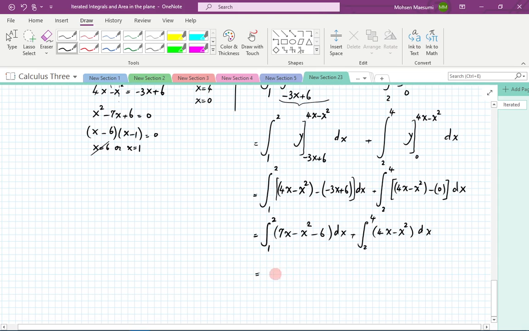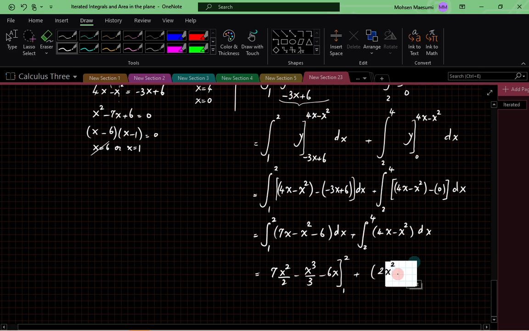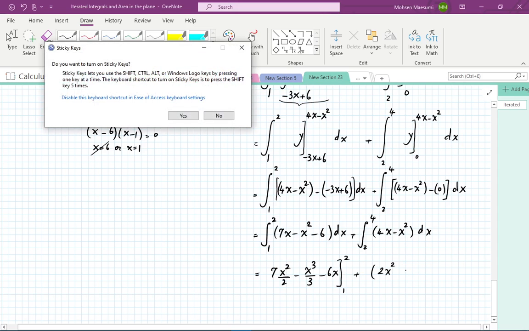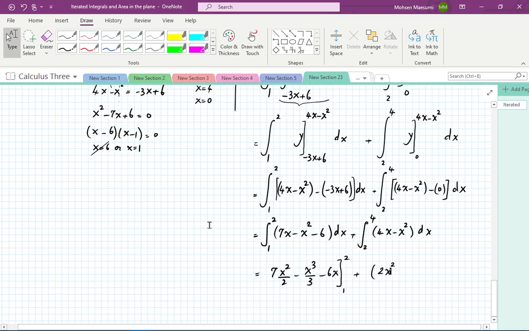So this is going to be 7x squared over 2 minus x cubed over 3 minus 6x between 1 and 2, and this is going to be 2x squared, sorry, 2x squared minus x cubed over 3, and all of that between 2 and 4.